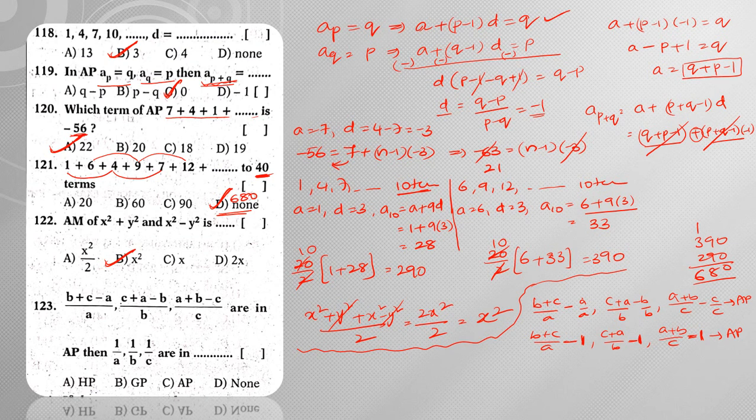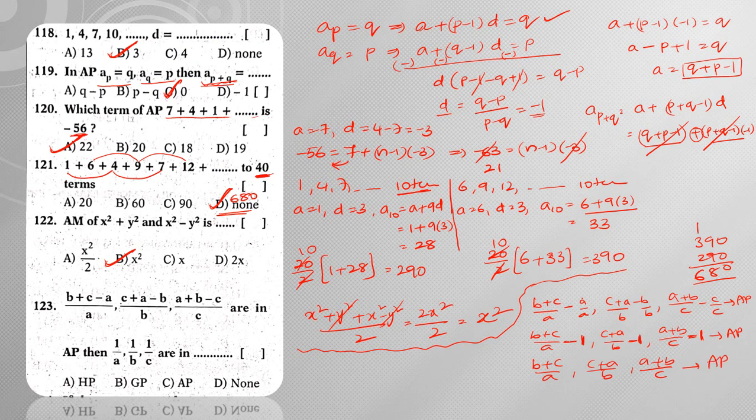Now since all the terms contain minus 1, I can add plus 1 to all the terms. Then also they all will be in AP only. Then I can write b plus c by a, comma, c plus a by b, comma, a plus b by c. So all these three will again be in AP.